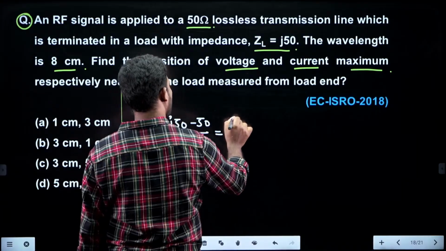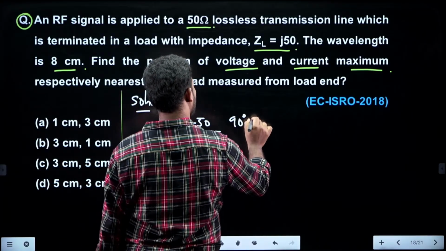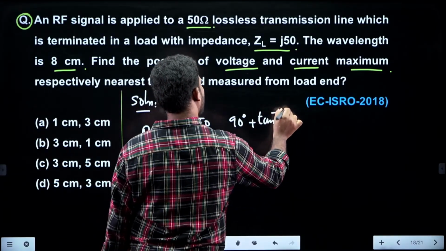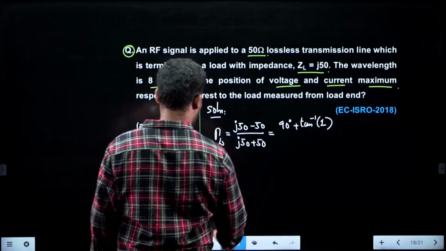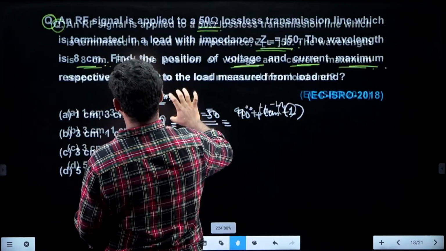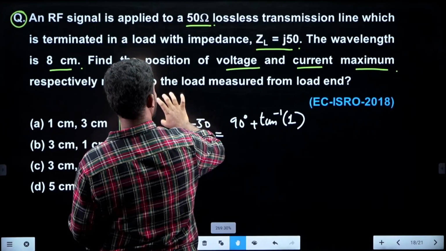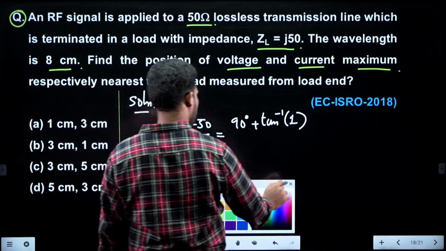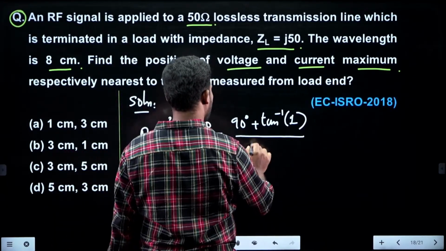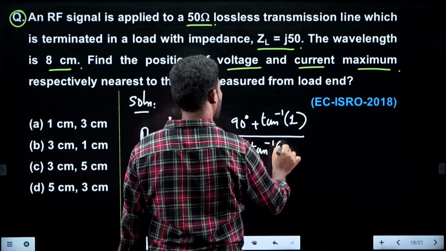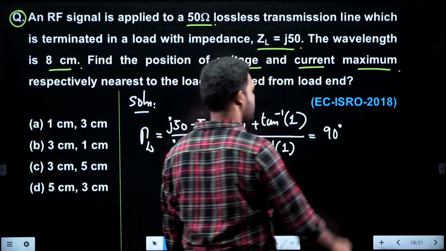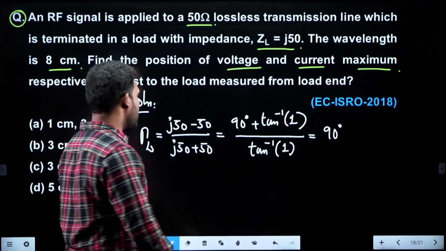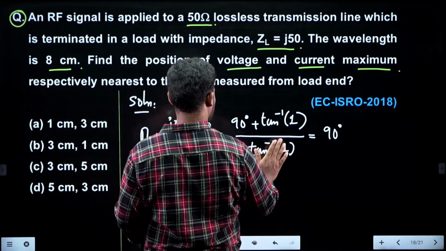So which is 90 plus tan inverse of imaginary part by real part, which is 1, because this is in the second quadrant, divided by tan inverse of imaginary part by real part, which is 90 degrees. 90 degrees is the angle.